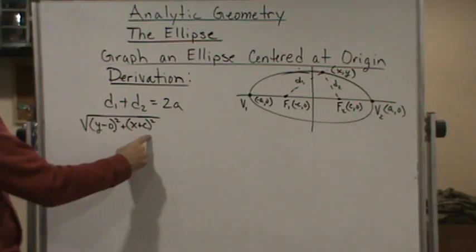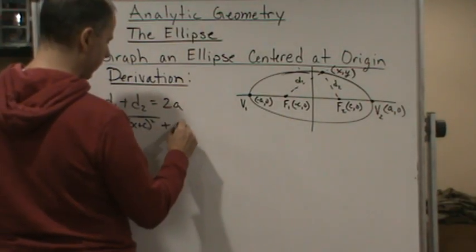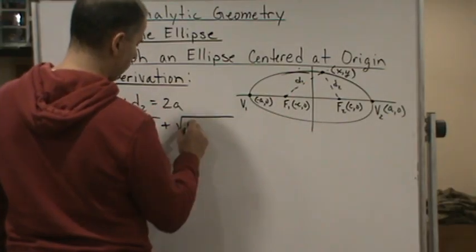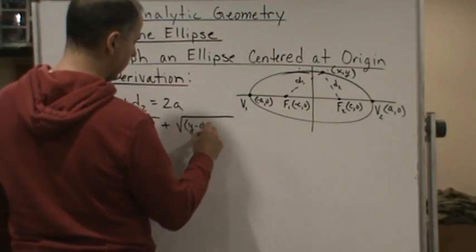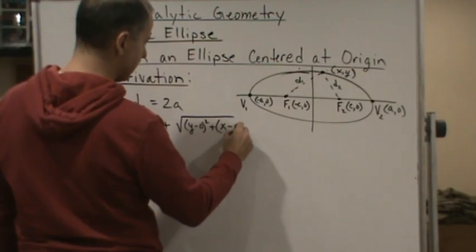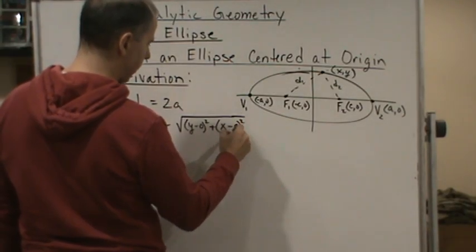Okay, that's d1. Now let's do d2. That's going to be the square root of what? It's going to be y minus 0 again, squared, plus x minus c, quantity squared.